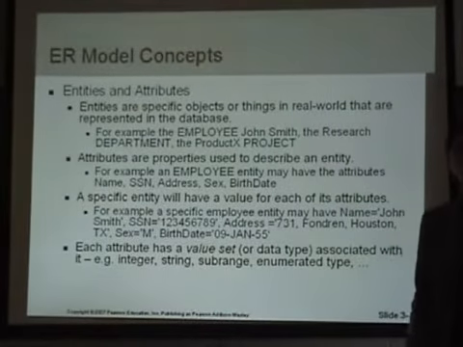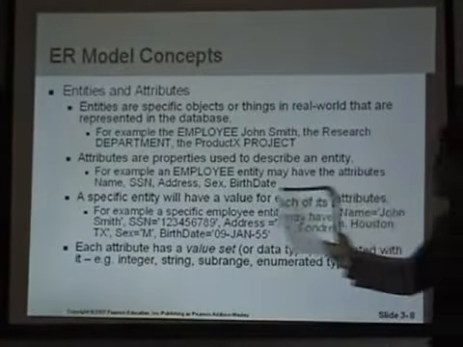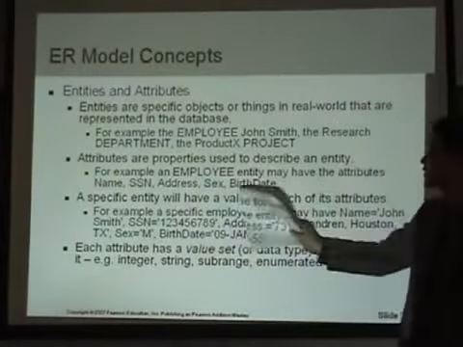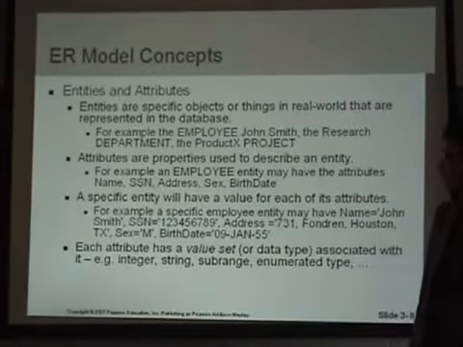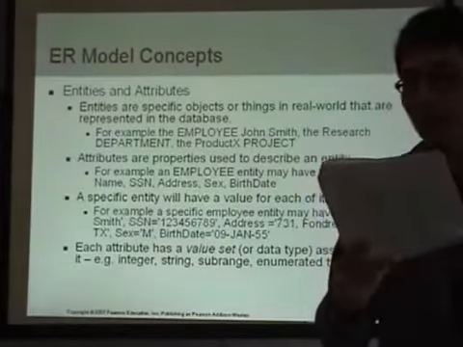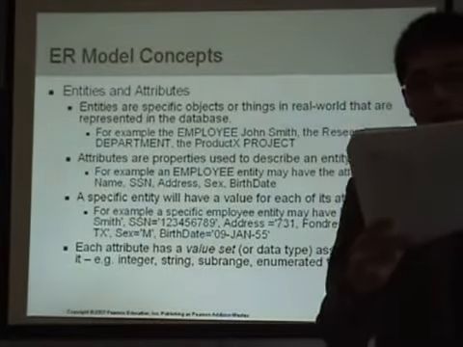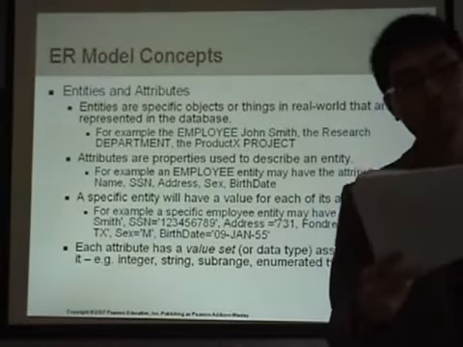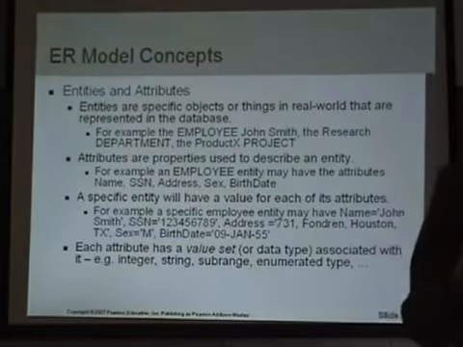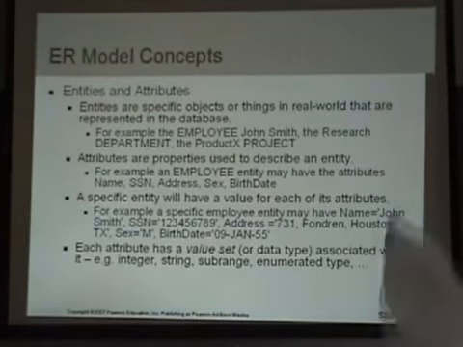Attribute is the description of an entity. For example, employee may have name, social security number, address, sex, and birthday. The department has a name, ID or number, manager, starting date, and locations. What about dependent? Dependent has name, sex, birthday, and relationship to employee.